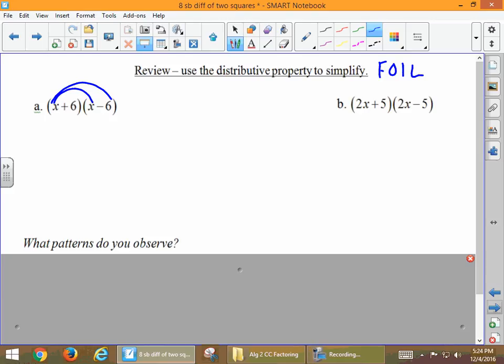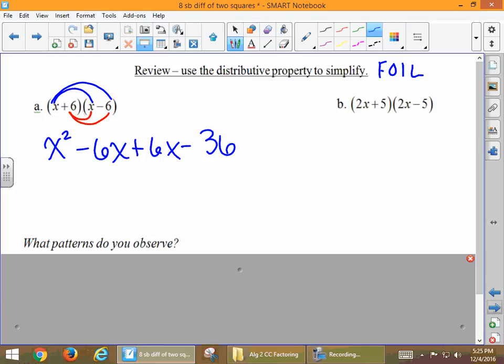And then we distribute the 6 over the x minus 6. So x times x is x squared. x times negative 6 is minus 6x. Then we do plus 6 times x, the inner terms, and finally 6 times negative 6 is negative 36.